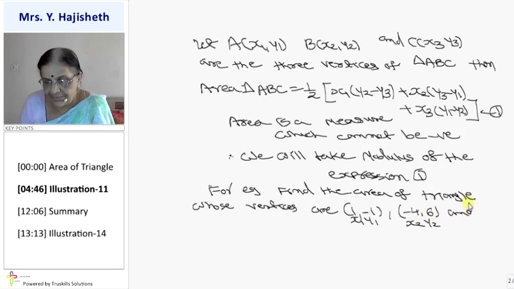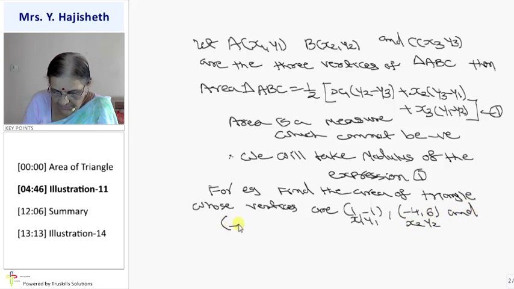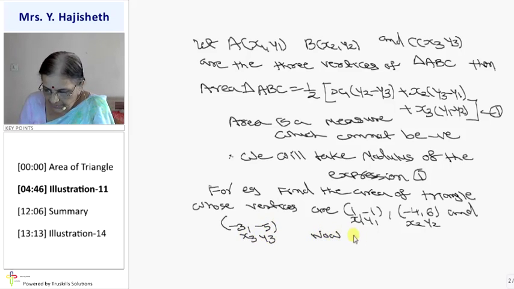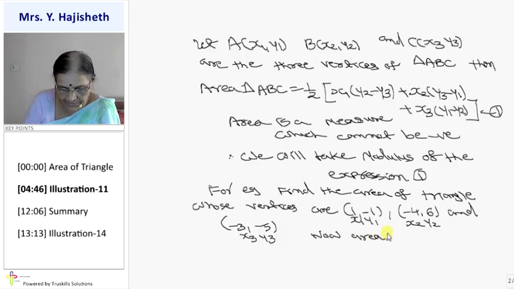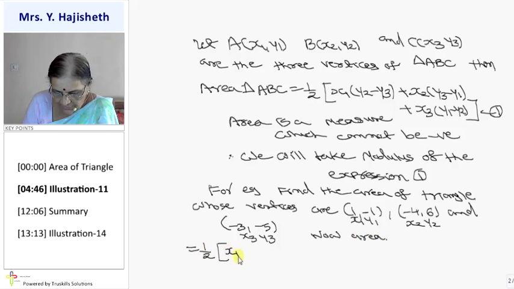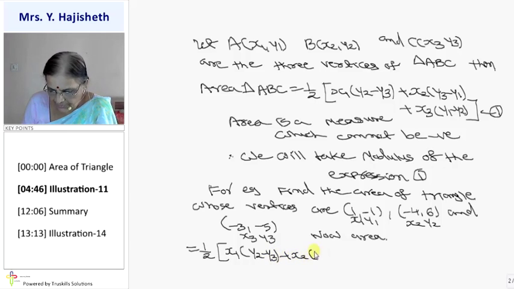And the third vertex is (-3, -5), so it is x3, y3. Clear? Now, area is given by the formula 1/2 x1 into (y2 minus y3) plus x2 into (y3 minus y1) plus x3 into (y1 minus y2).